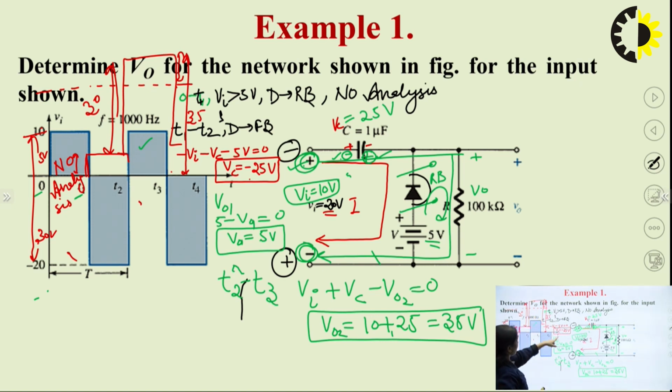Now you can see that this is 35 volts and this is 10 volt. So how much will this be? This is 25 volt. So initially my signal was here and it gets shifted downwards by an amount of 25 volts. Suppose I draw the output waveform here.